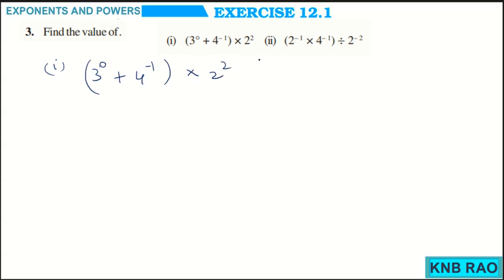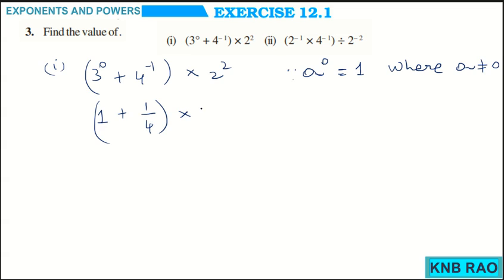See children, you know the value of a power 0 is always 1, for a being a non-zero number. So using this identity, I can write 3 power 0 as 1. You know 4 power minus 1 is nothing but 1 by 4. So into 2 square is again 4.